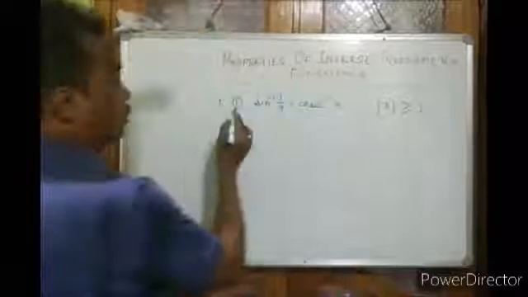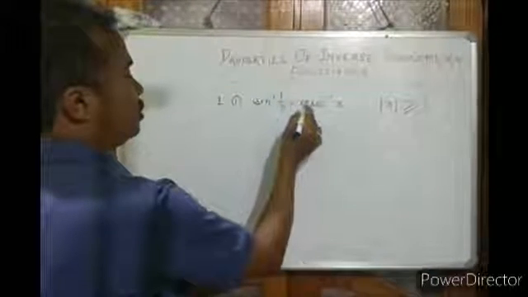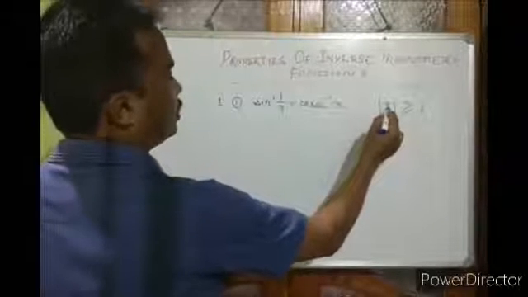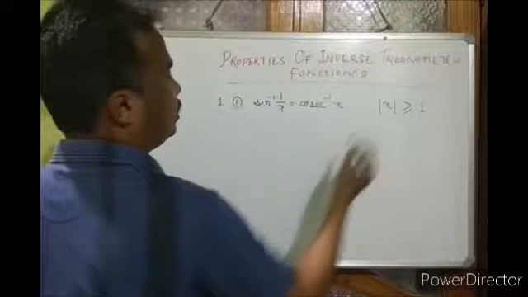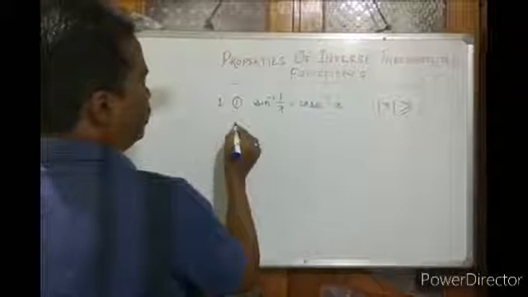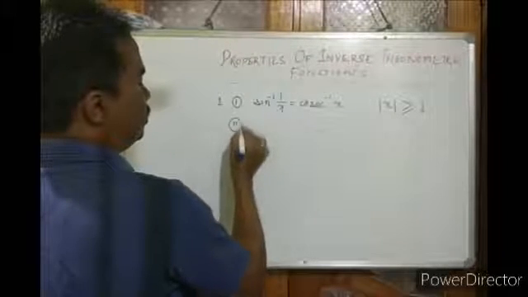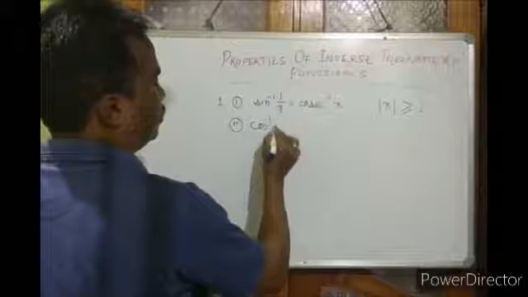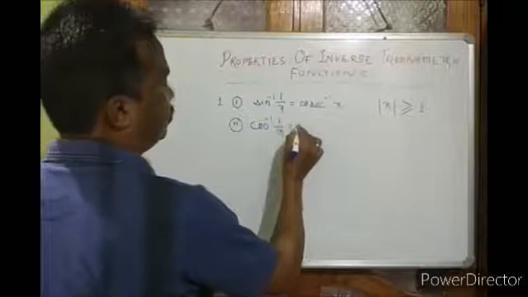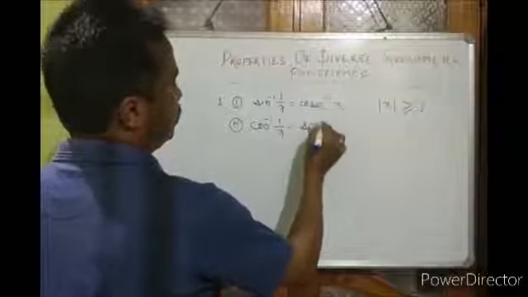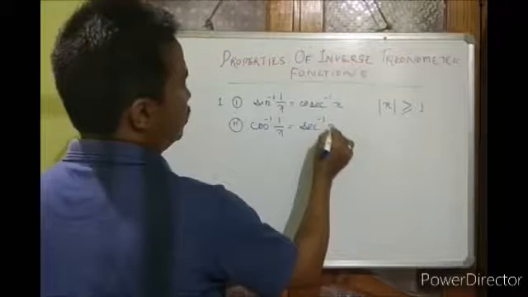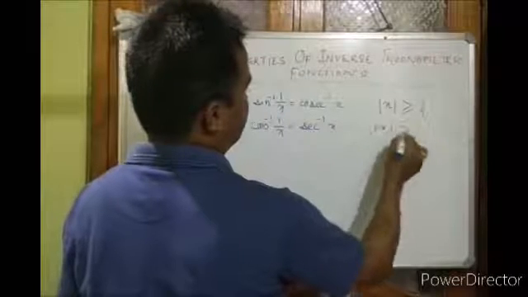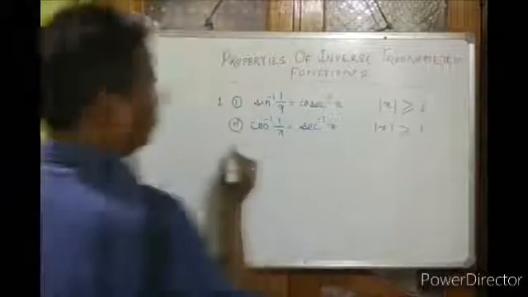So the first one: sin inverse 1 by x is equal to cosec inverse x, when the domain is modulus of x greater than or equal to 1. And second one, cos inverse 1 by x is equal to sec inverse x, the domain is again modulus of x greater than or equal to 1.